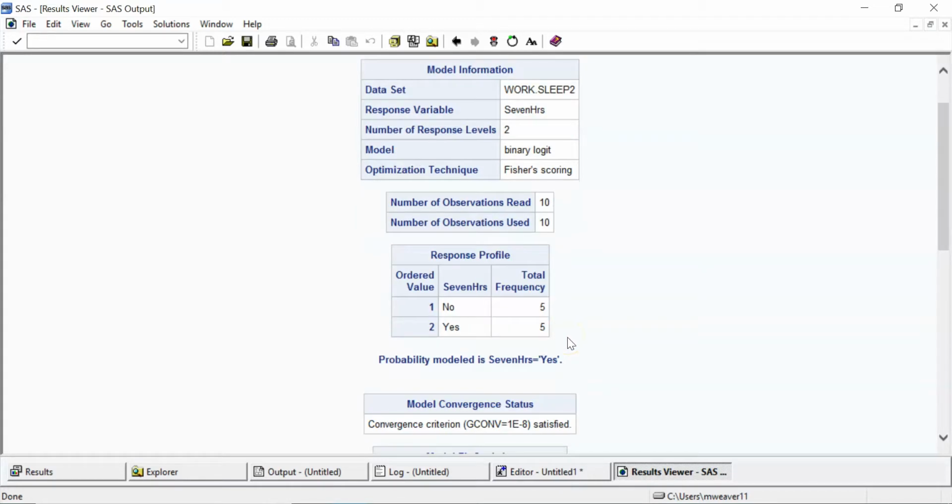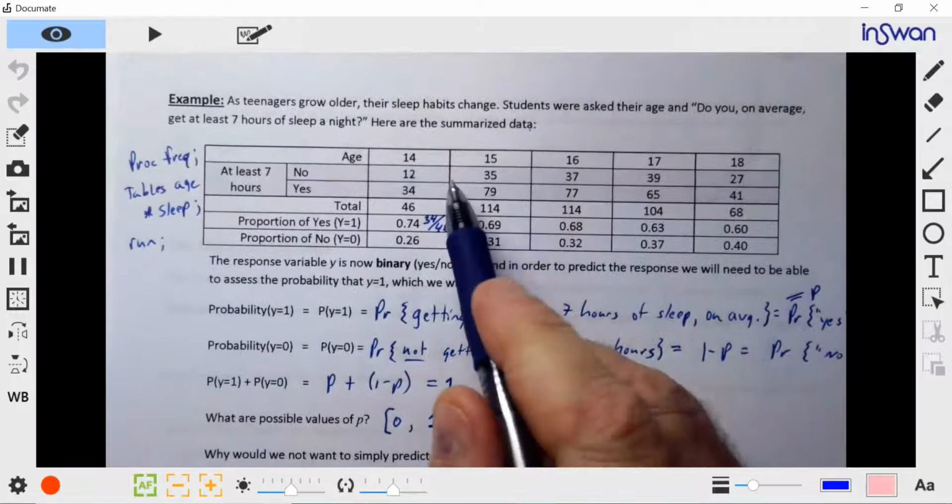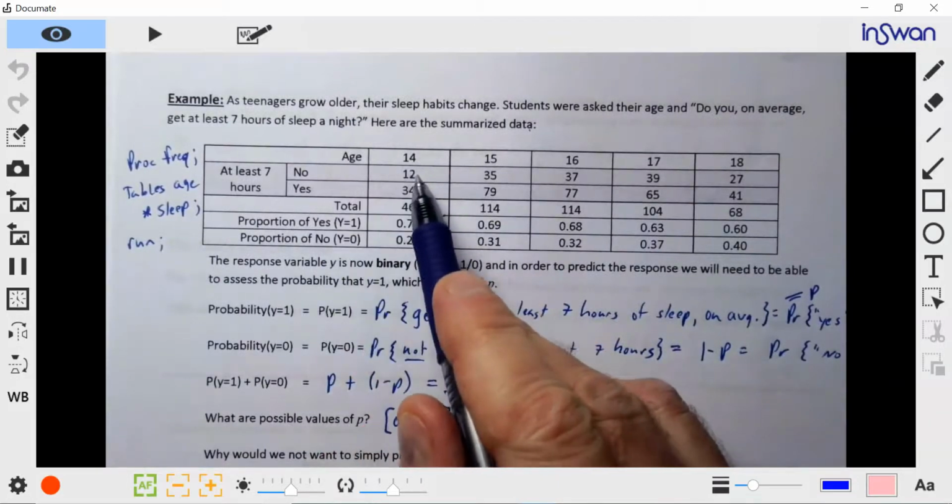SAS is only counting 10 observations here because I didn't tell it to use my cell counts. It's looking at the data table again, and I didn't tell it to use the cell counts.